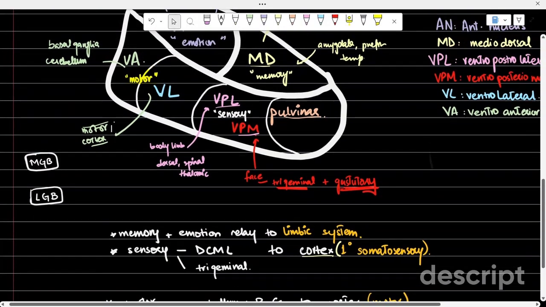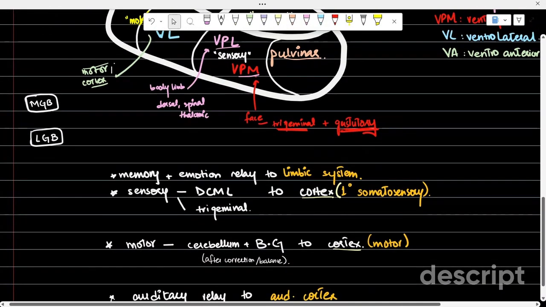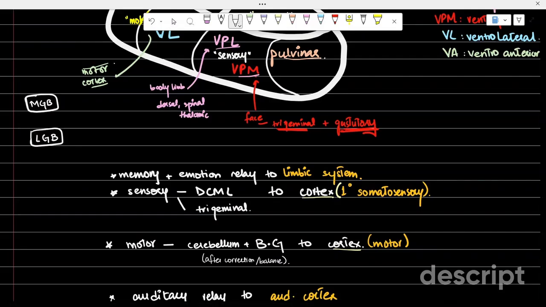All right, so this was about the thalamus, and there is another part of thalamus, the medial geniculate body. This is very important and comes in a lot of MCQs. So the medial geniculate body gets the supply from superior olivary and the inferior colliculus of tectum. This is a part of midbrain and it gets the auditory supply and is relayed then to the primary auditory cortex.